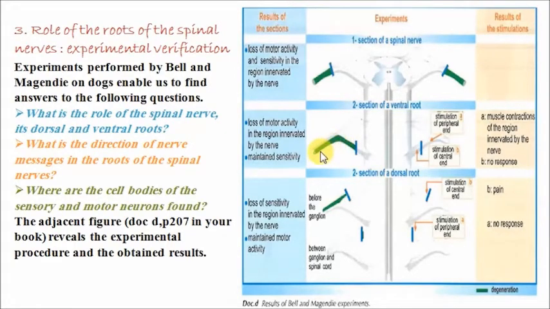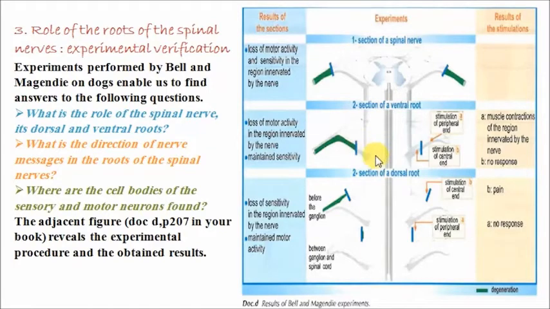Not all the spinal nerve has degenerated like here. Do you observe the difference? All the spinal nerve has degenerated here. Part of the spinal nerve, the green color, has degenerated, along with part of the anterior root or the ventral root that was separated from the spinal cord.